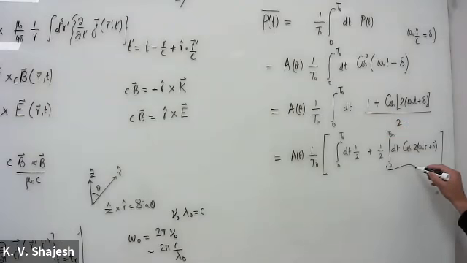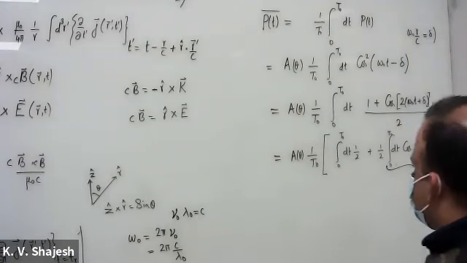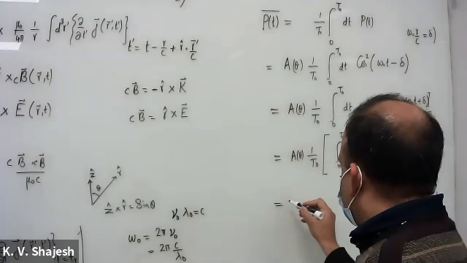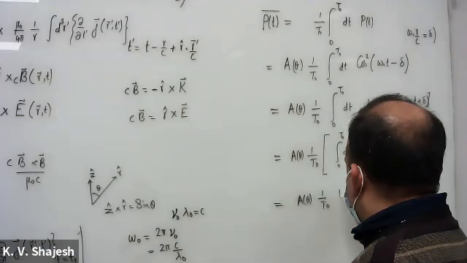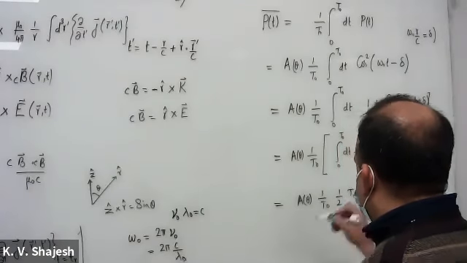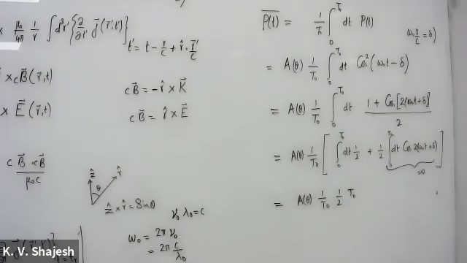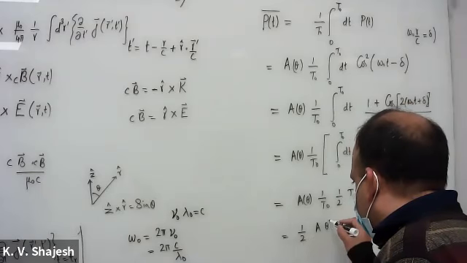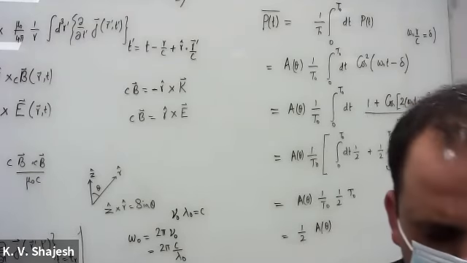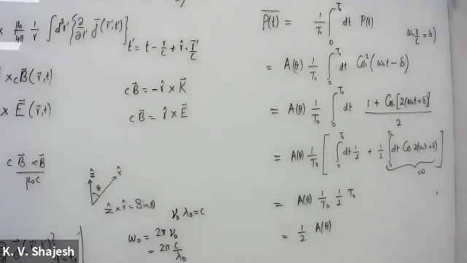So we get 1 over t naught times 1 by 2 times t naught, a contribution of half, and we have averaged the time dependence out of the expression.